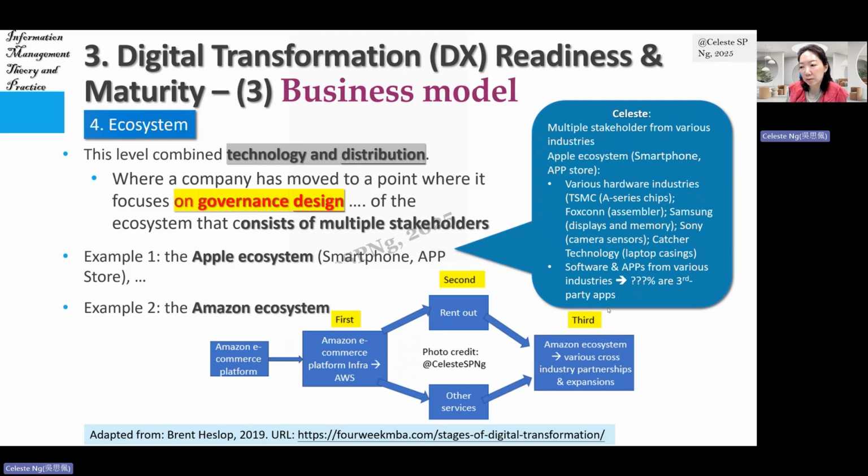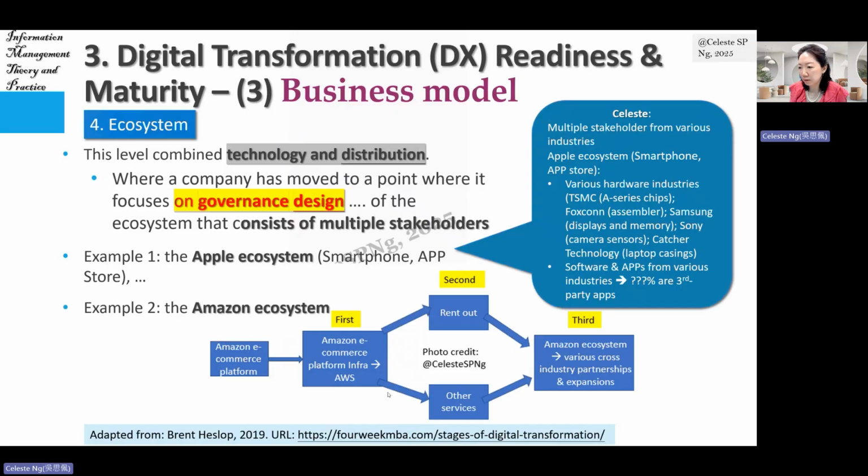And how about the Amazon ecosystem? Same thing. In the previous slide, we were talking about how Amazon started off as an e-commerce platform, and then it built up its e-commerce platform infrastructure and provided the AWS service, whereby it's able to rent out its e-commerce space to other e-commerce retailers, right?